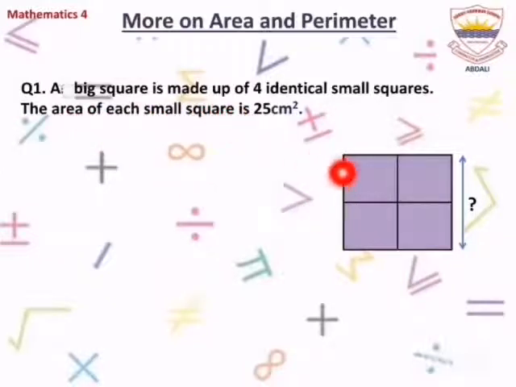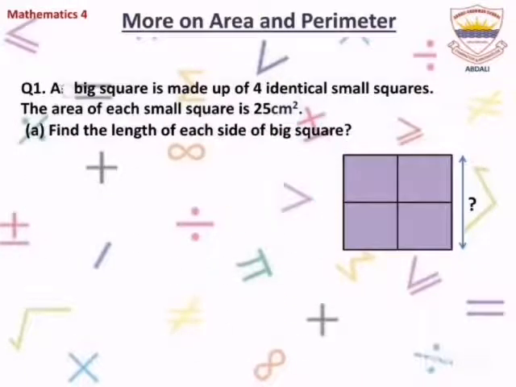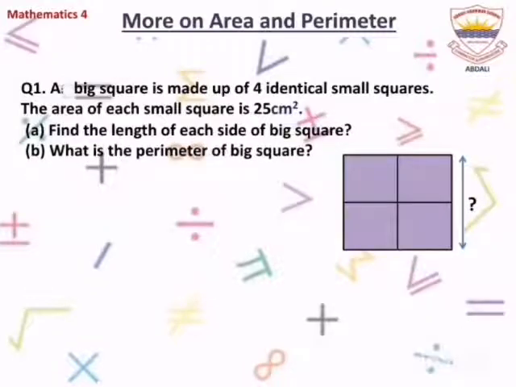What we have to find out: first, in part A, the length of each side of the big square, and secondly, in part B, the perimeter of the big square.